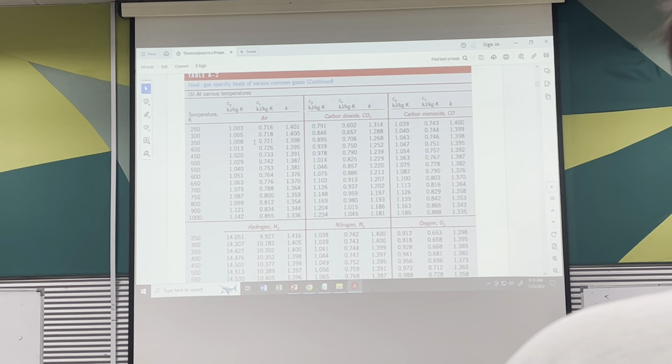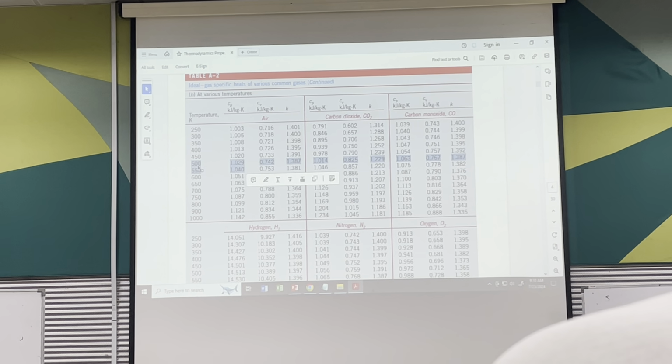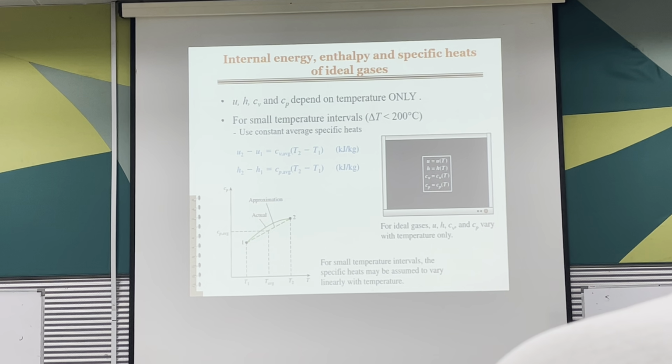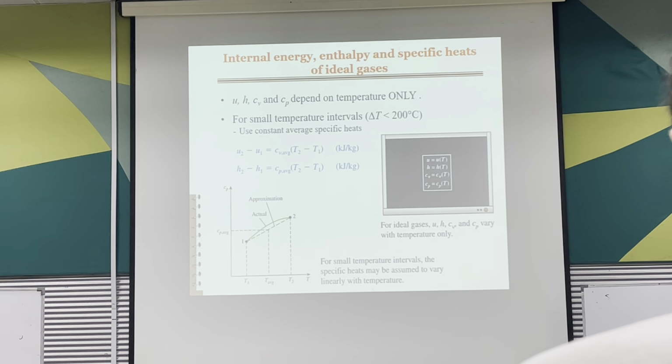Let's say the question says you need to use the average Cp between 500 and 550, then you just find the average for the Cp. That's all. So you can see here we have Cp and Cv for different gases at different temperatures. This is one way to find the Cp or Cv value.